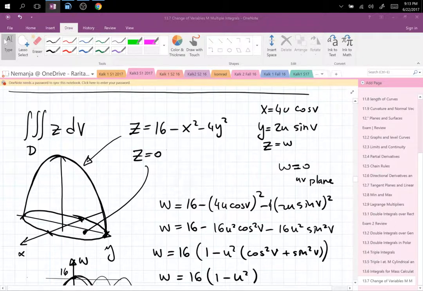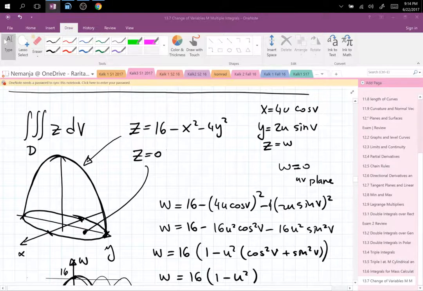So if we use 0 to 2 pi for v, that to me sounds like the only option we have here. Division of the equation didn't work out. 0 to 2 pi, so 0 would give us, oh no, pi over 2, that would give us infinity.